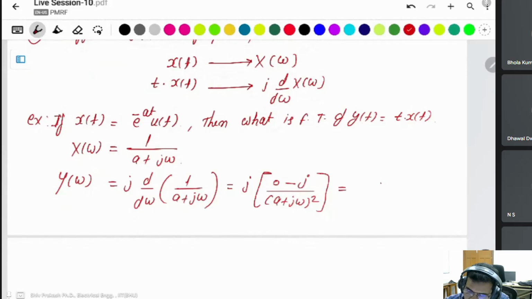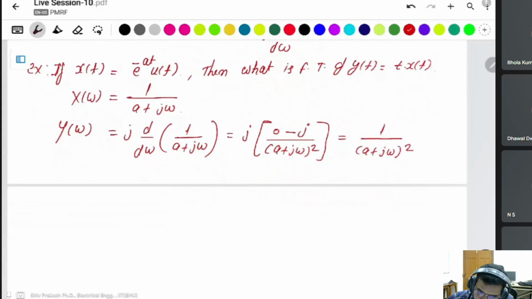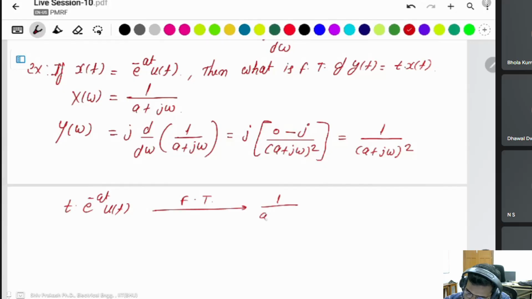The final is 1 divided by (a plus j omega) whole square. Means we can say t e to the power of minus a t u(t) has a Fourier transform equal to 1 divided by (a plus j omega) whole square.